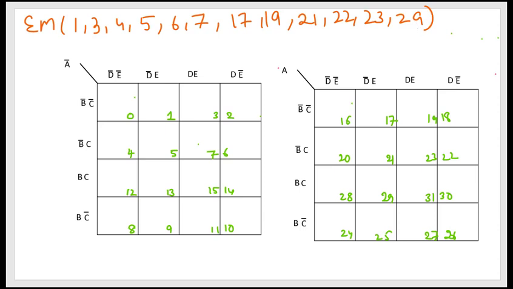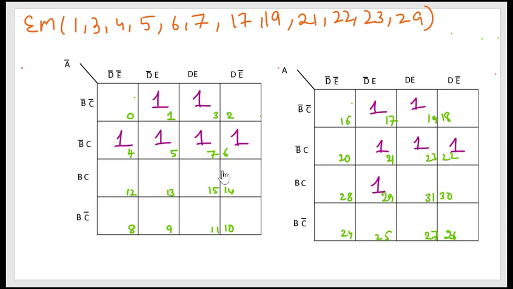We'll start filling our min terms for which output is 1: 1, 3, 4, 5, 6, 7, then 17, then 19, 21, 22, 23 and 29.